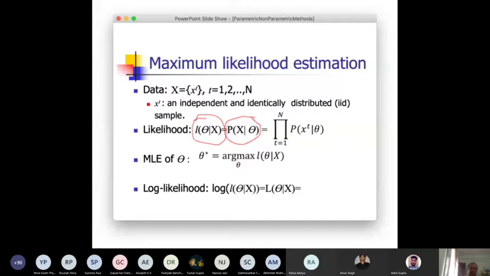Now, one simplification in the expression is that we can transform this expression into the logarithmic domain, because of the nice property of log that it is monotonically increasing, and of course your argument has to be positive.